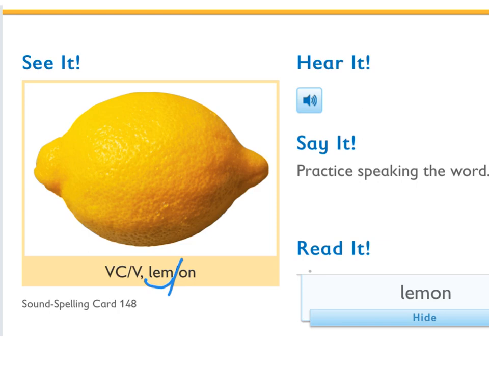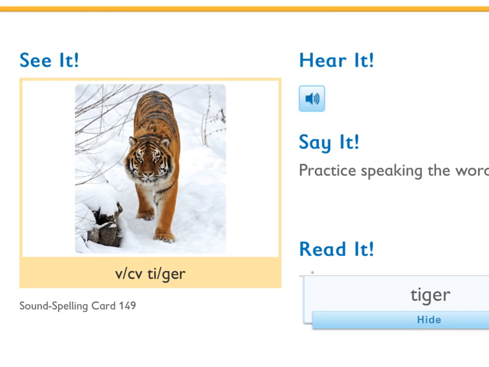Lem, on. So that is short, and then when we go to the next one, when it's divided after the first vowel, then it's long. So tiger.